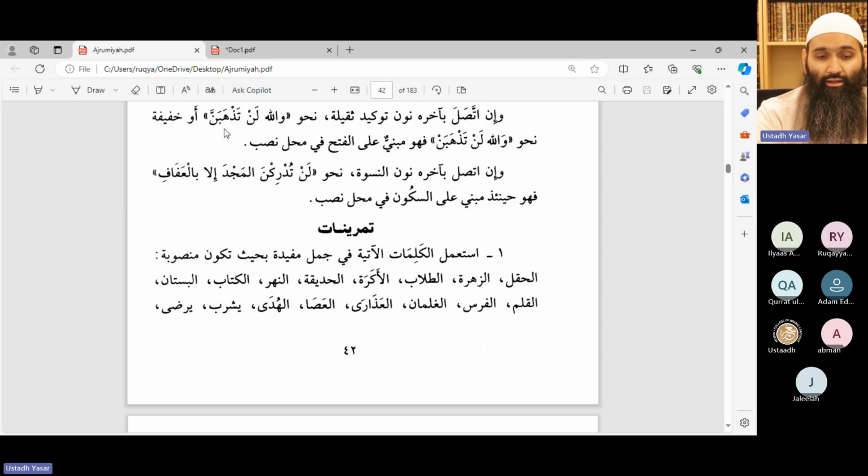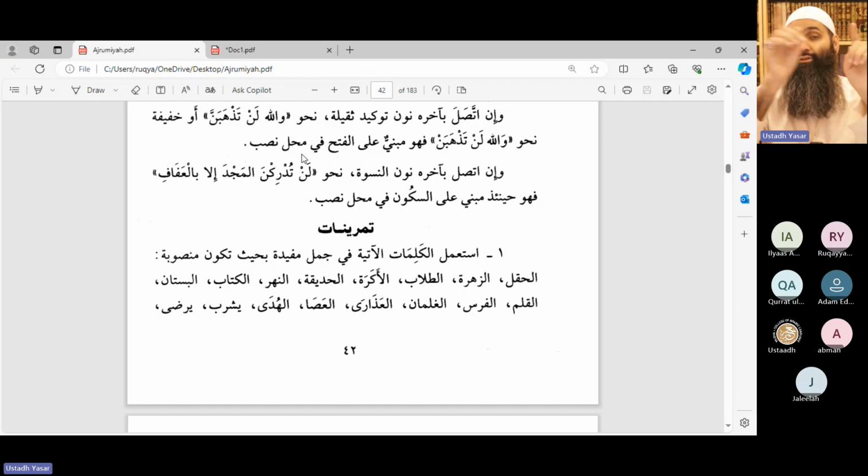The fi'l al-mudari here is mabniyun al-fath. Look here, tadhhabanna is mabniyun al-fath, which is on the ba. Likewise, lan tadhhabanna is mabniyun al-fath upon the ba. So it's mabniyun al-fath, but it's in the mahal of nasb.